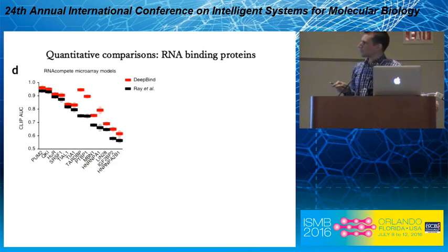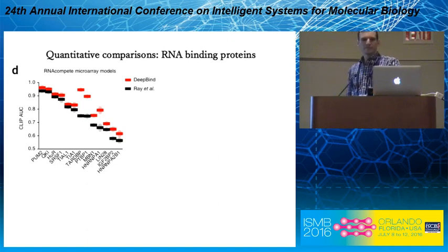In black, you have the performance of the PWM model in RNA-compete. And you can see that while DeepBind outperforms the PWM model on all these proteins, the difference is not that large on the majority of them. However, for a few select proteins, you have very large differences.